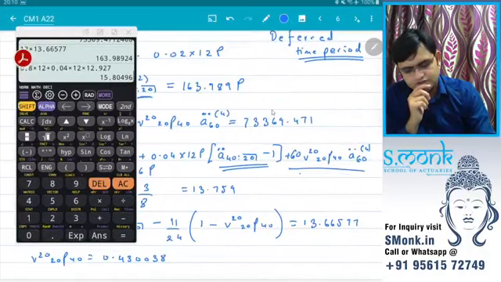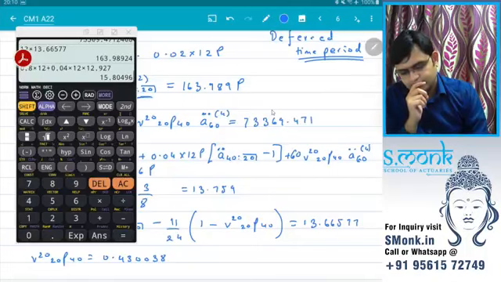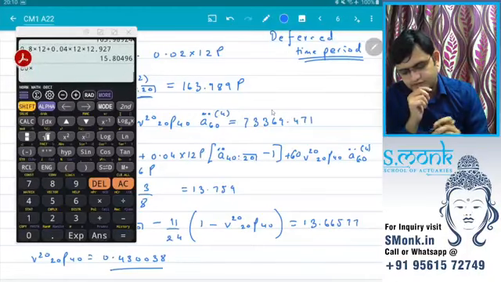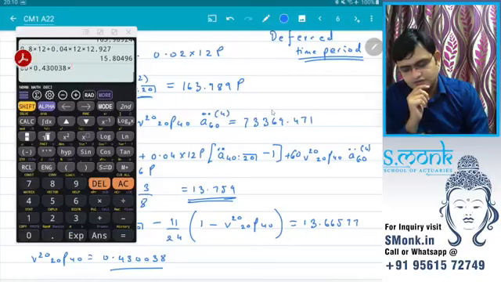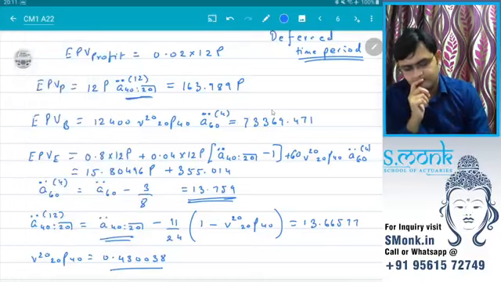And without p, this value is 60 into v raised to 20, 20p40, 0.430038, into a due 60 payable 4 times.